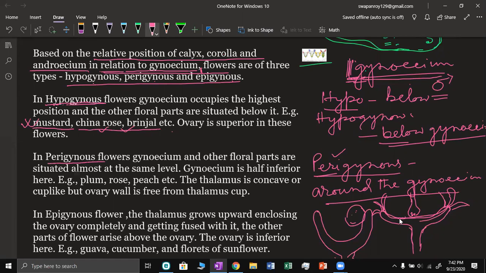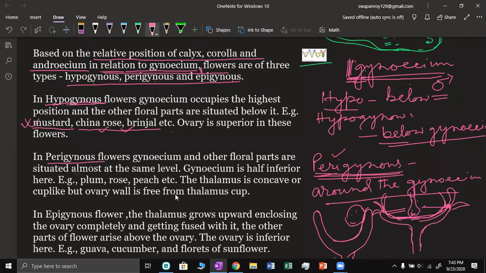The thalamus here is a little concave, maybe deeply concave also, forming a cup-like structure. So all these floral parts come at the same level, so it is known as perigynous.